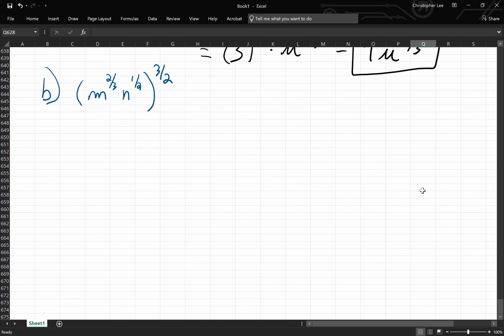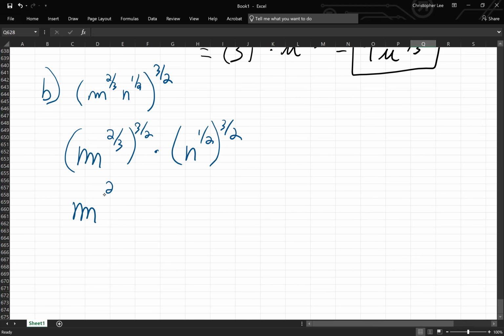So again, whenever I raise power to a power, I'm going to multiply, right? And I have to do it to every term. So I have m to the 2 over 3 raised to the 3 over 2 times n to the 1/2 raised to the 3 over 2, right? Anytime you raise the power to a power, you multiply. So this is m to the 2 over 3 times 3 over 2, right?